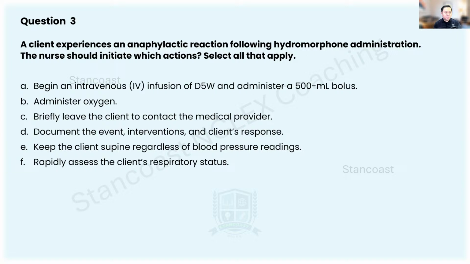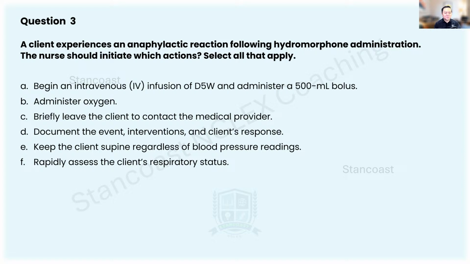Administer oxygen, document the event, interventions, and client responses, and rapidly assess the client's respiratory status. Okay. What about the rest of you guys? What are your answers? So let me start eliminating those incorrect answers. FBD. All right. Let's start eliminating those other answers.